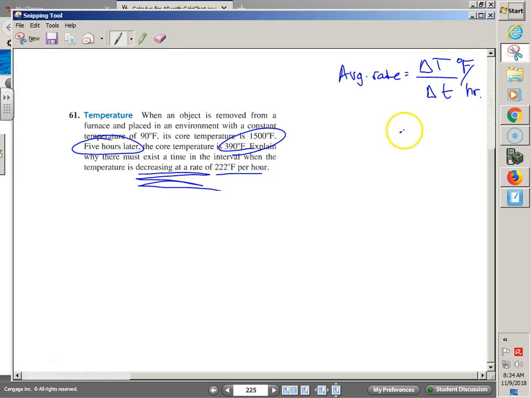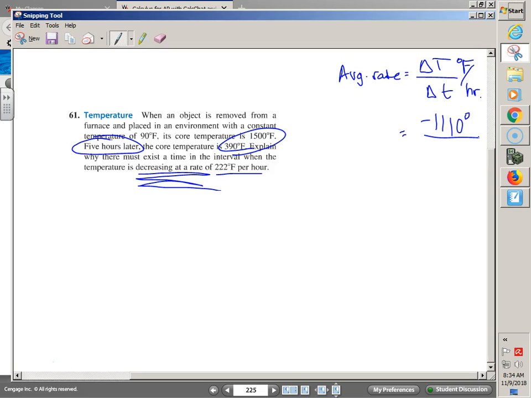All right, how much did the temperature go? It did go down, negative. But we subtracted those two, right?